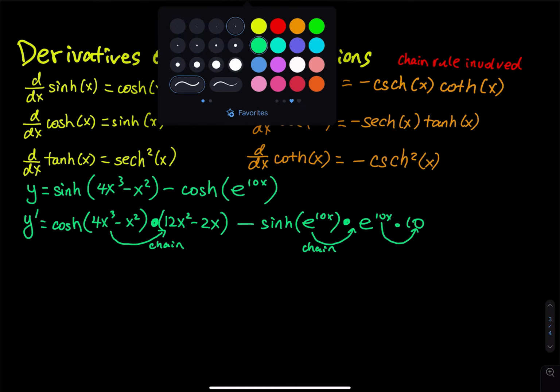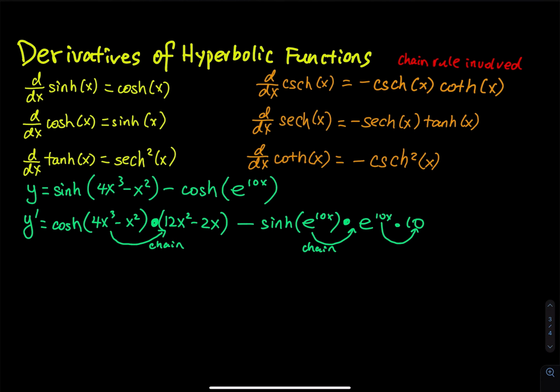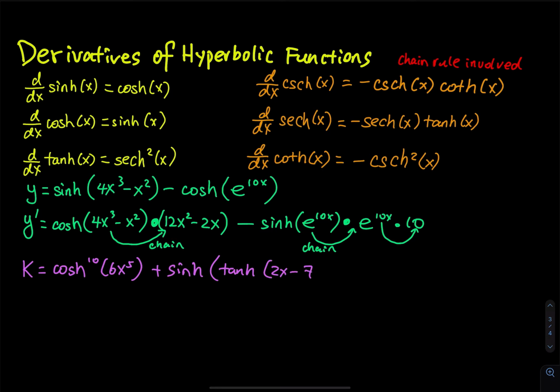And then the next problem, let's do some powers. So let's do k equals hyperbolic cosine raised to the 10th power of 6x to the 5th, plus hyperbolic sine of hyperbolic tangent of 2x minus 7 to the x power.